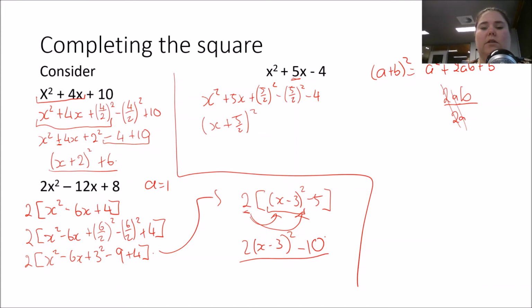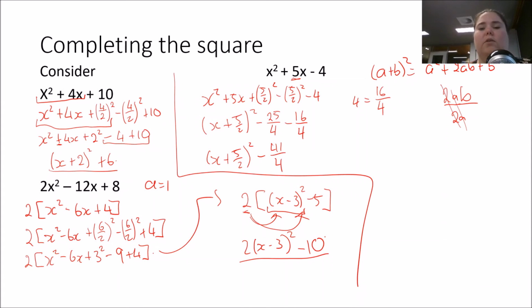And that's your factorized. Then, when you're squaring a fraction, you square both the top and the bottom. So that's 25 on 4 minus, I want to turn 4 into something on 4. To do that, I times both the top and the bottom by 4, which gets me 16 on 4. Okay, and then I can simplify. So here becomes x plus 5 on 2 all squared minus 41 on 4.